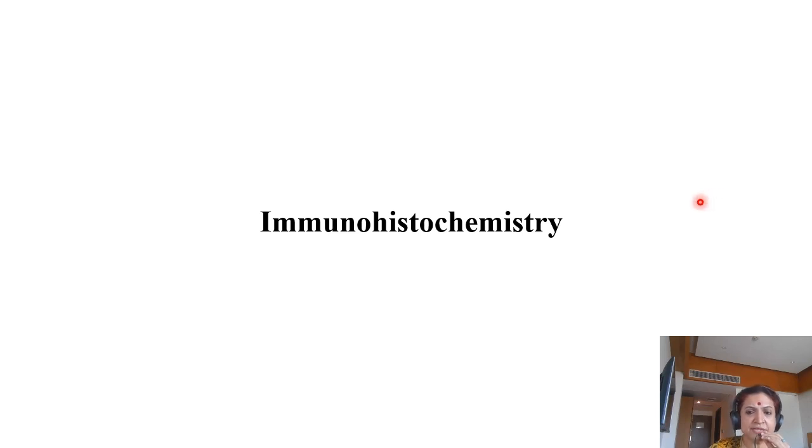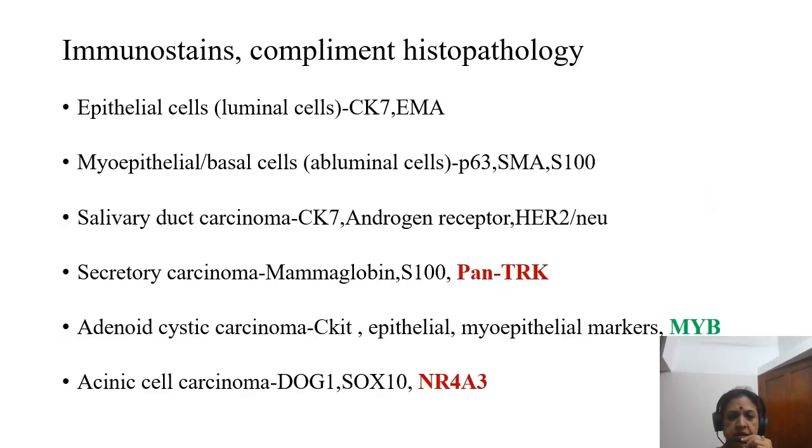Now, immunohistochemistry. For the luminal or epithelial cells, we have CK7 and EMA. For myoepithelial and basal abluminal cells, we have P63, SMA, S100.